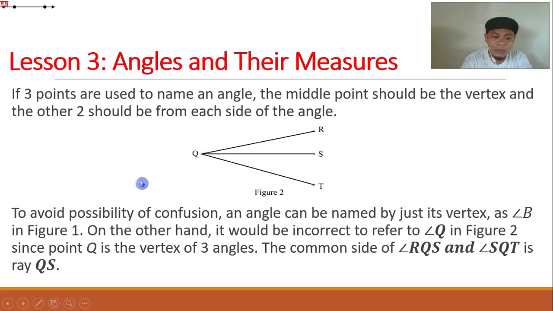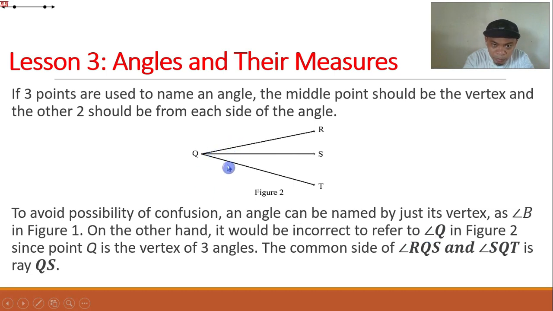So, to avoid possibility of confusion, an angle can be named by just its vertex as angle B. Diba? Yung vertex lang po. Kung kagaya nito, for yung kanina, yung figure 1, angle B. Diba? On the other hand, it would be correct to refer to angle Q in figure 2.